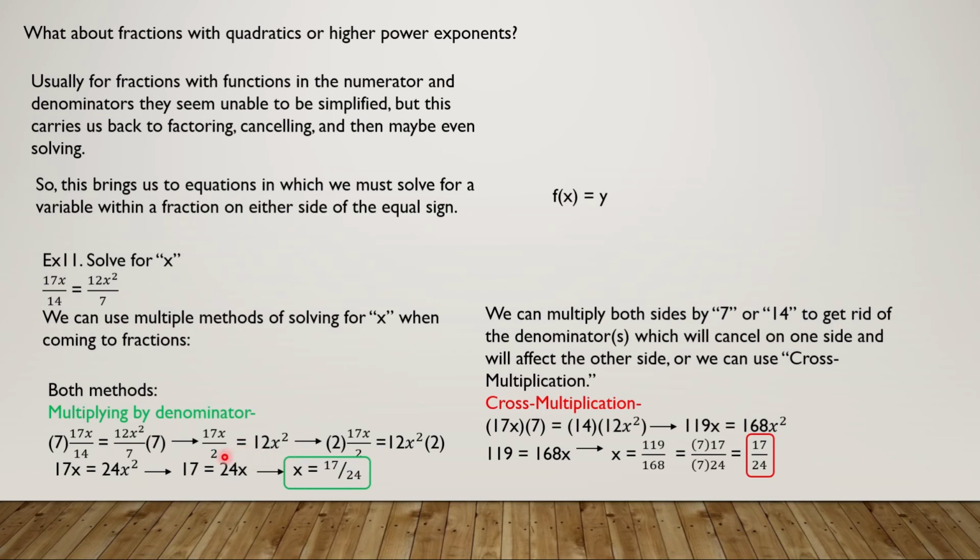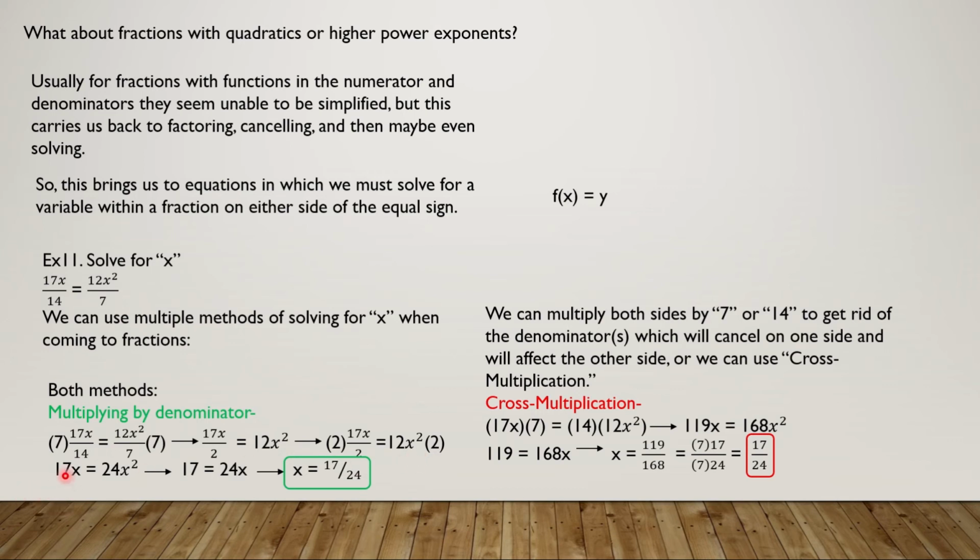We also see that there's still another fraction, so what we can do is multiply again by the denominator, and that would allow the denominator to cancel with that factor that we multiply on both sides, and it would just scale up the right side a little bit more. So we would be left with 2 times 17x over 2. Those 2s will cancel, and it becomes equal to 2 times 12x squared.